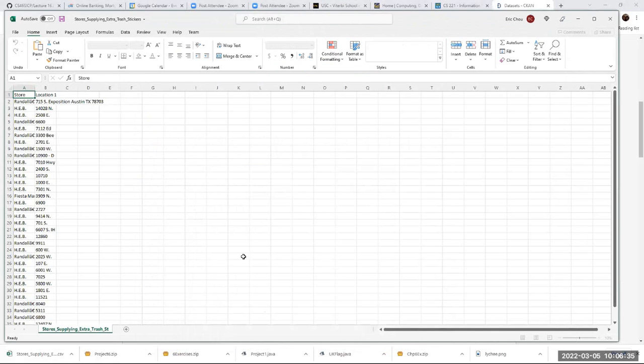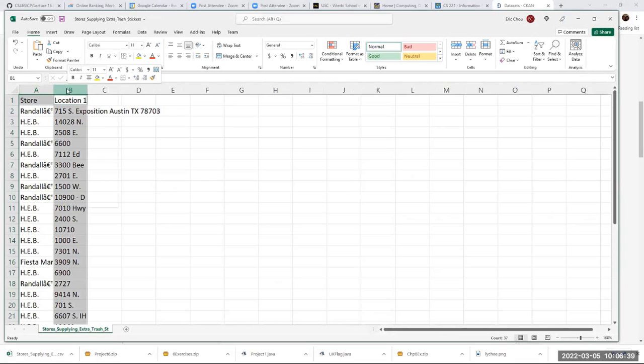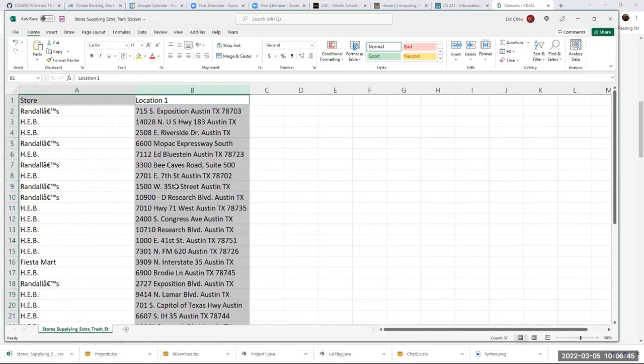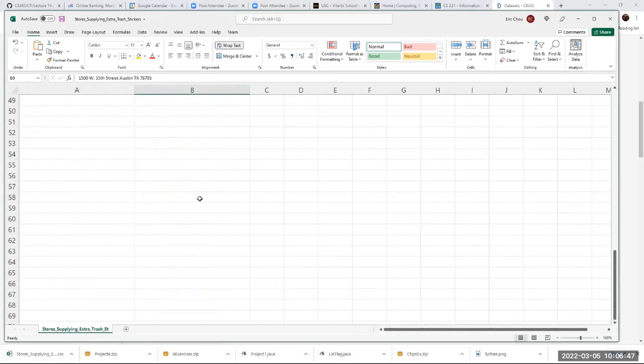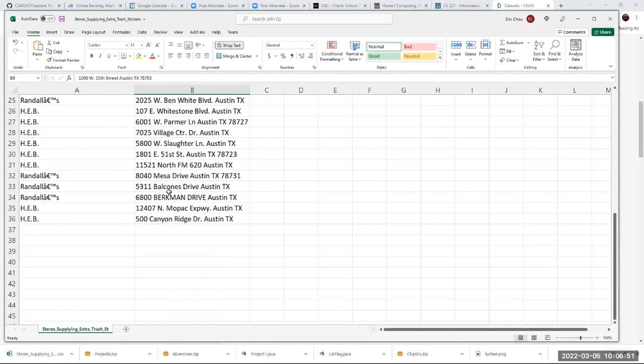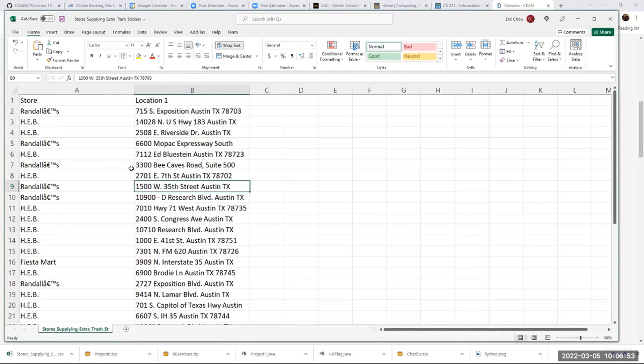The data we get is over here. Let's do column width adjusted. You see, it's a data set of different stores and ages. Whatever, the data set is not huge, but it will tell you this is a data set.